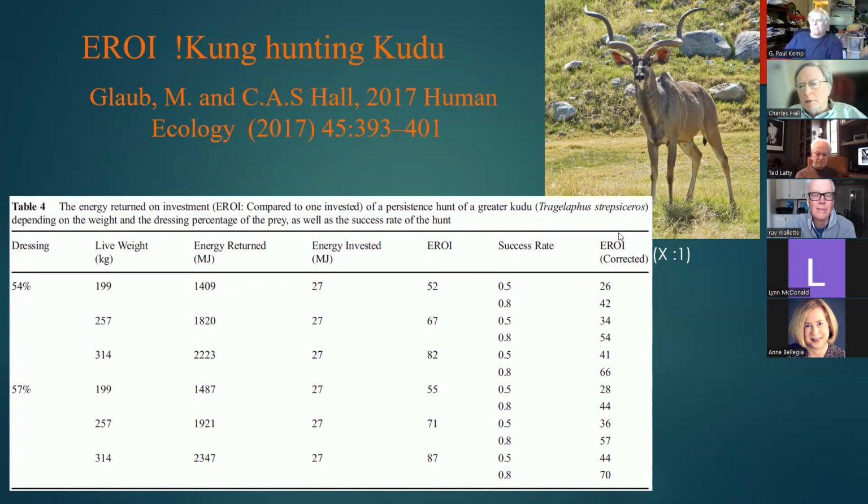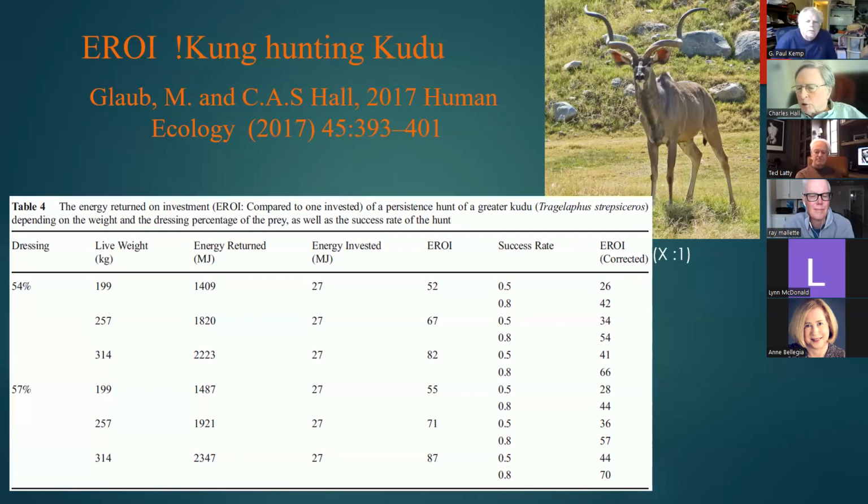as an undergraduate, he figured out pretty carefully, and had it reviewed, the energy return on investment from the hunters. Based on various assumptions, depending on the size of the animal, the dressing weight, and how much of the animal they ate, they would invest about 27 megajoules in a hunt, and they might return this much as meat to their camp.